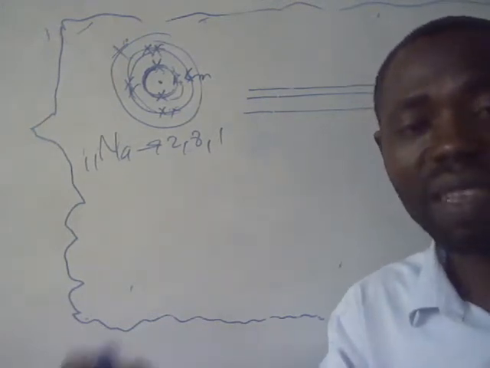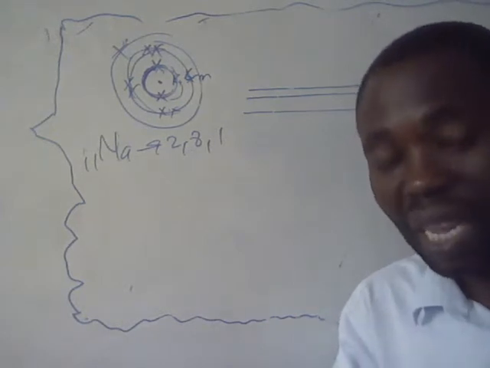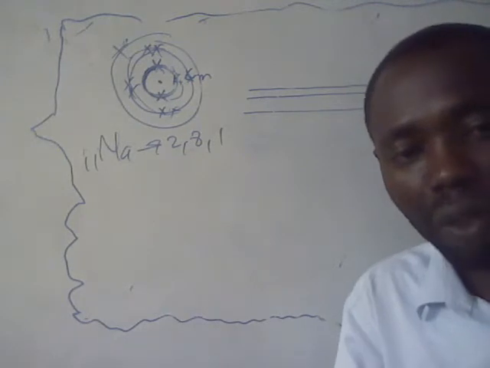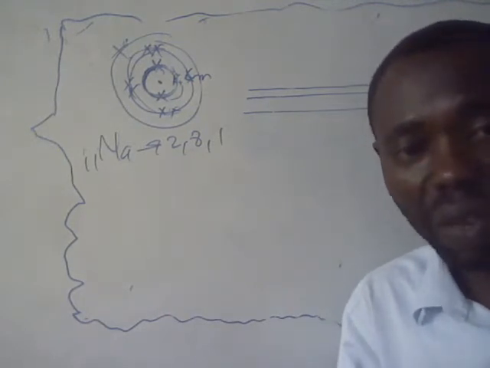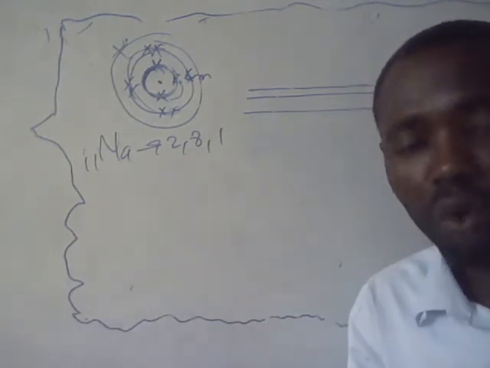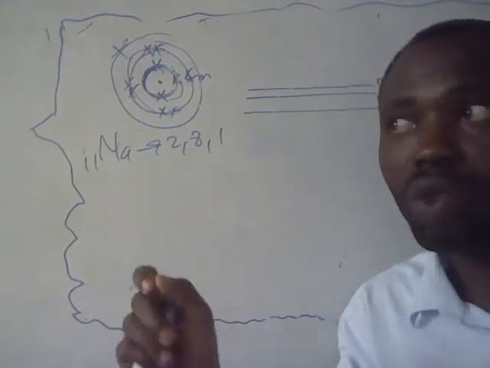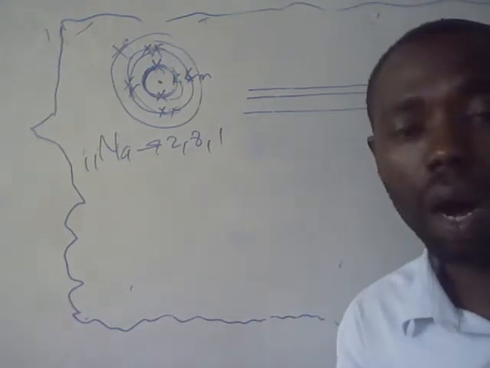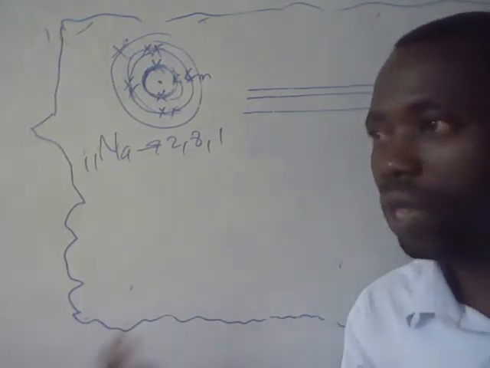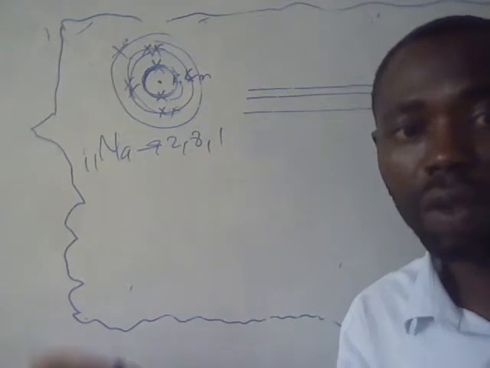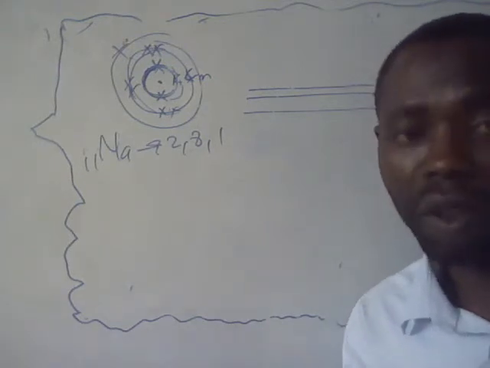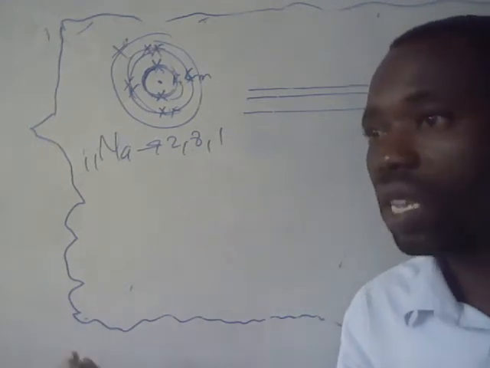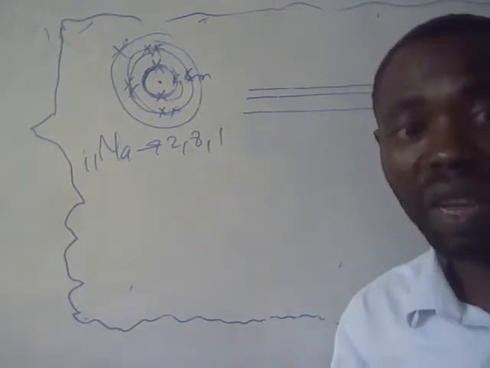The gas inside the tube has atoms, and each atom has electrons that revolve around the shells. When you switch on the fluorescent bulb, current flows into the fluorescent tube in the form of electric energy.